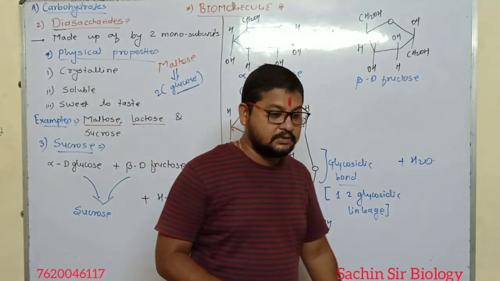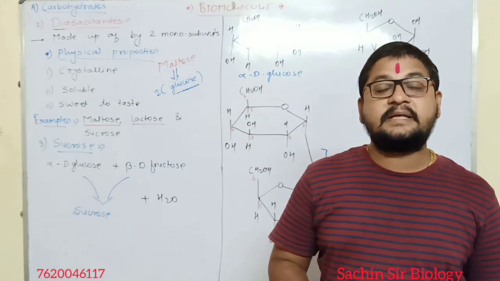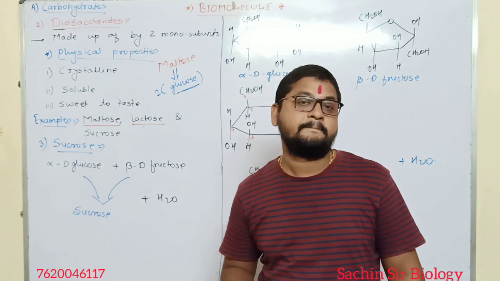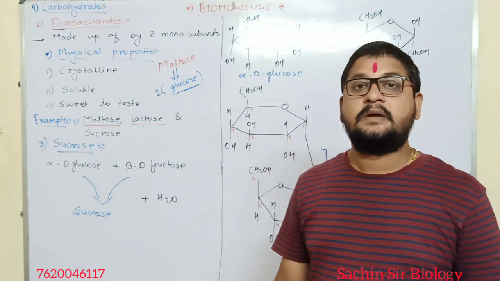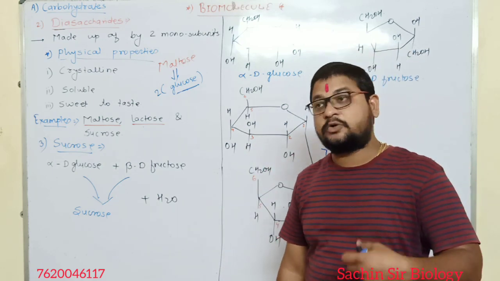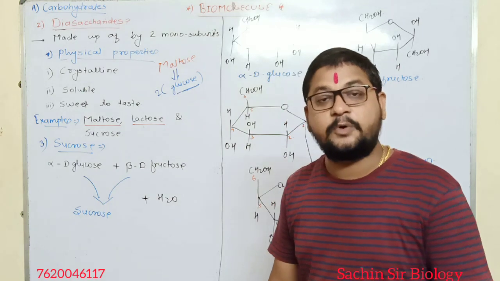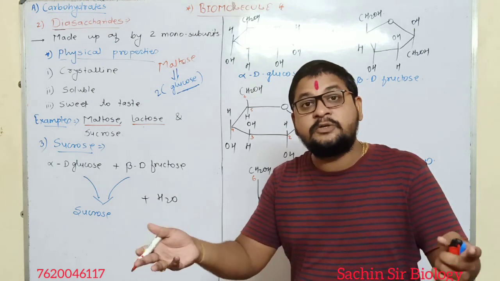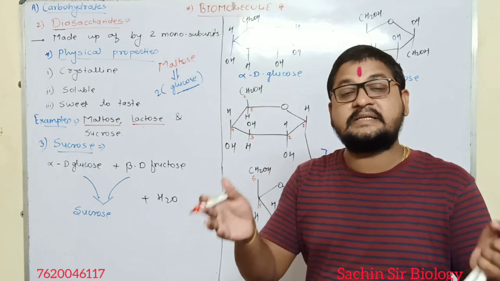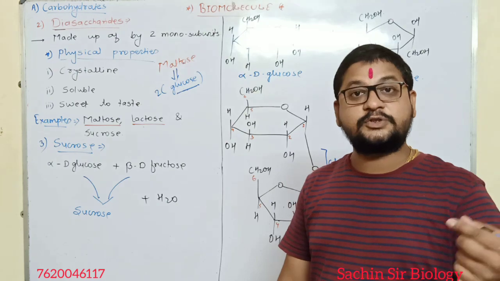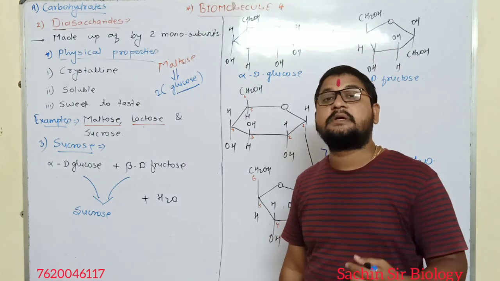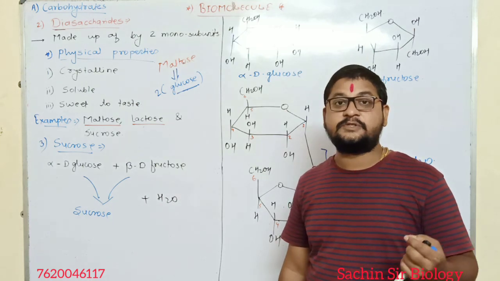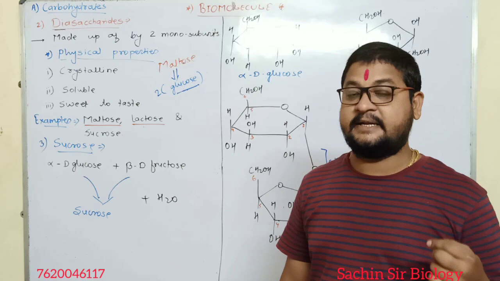What is the biological importance of lactose? You know, lactose is also called the milk carbohydrate, milk sugar. It is present in milk. Lactose is broken down by lactase and it produces galactose and glucose. Galactose is not used as a respiratory substrate for the production of ATP, but glucose is the main respiratory substrate, which is used by the cell for the production of ATP.